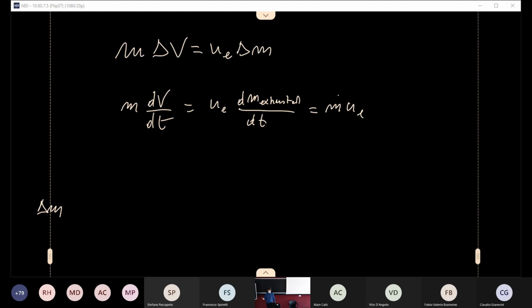This provides the instantaneous acceleration of our rocket and refers this quantity to the exhausted mass per unit time and velocity. Then we can call this mass times acceleration: we are applying a force, which results as mass by acceleration. And this is our thrust.